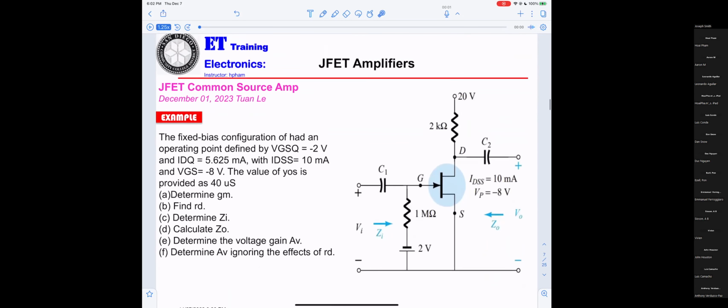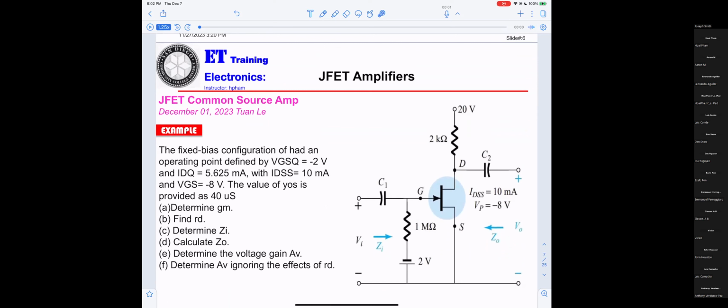Okay, now you can see that one here. Let's see. Example: the fixed bias configuration at an operating point defined by VGS minus 2 volt, ID 5.625 milliamp, IDSS 10 milliamp, and VGS(off) minus 8 volt.